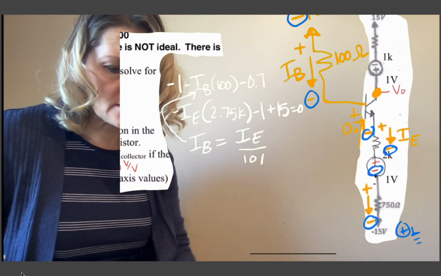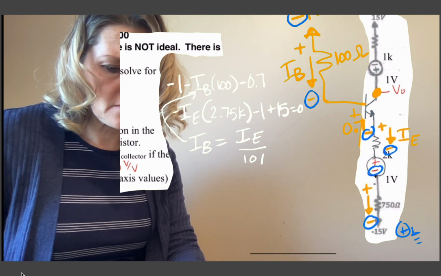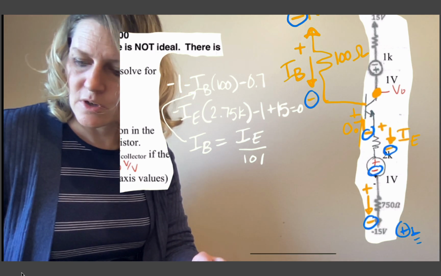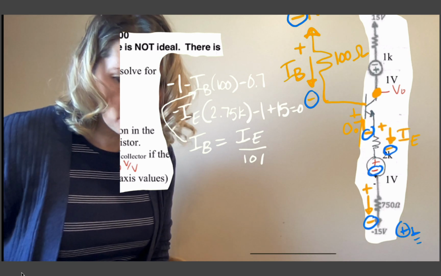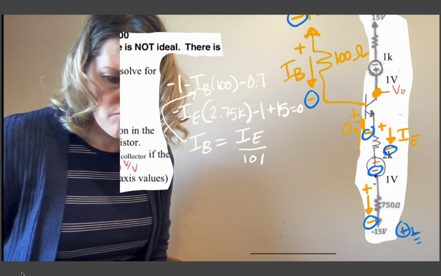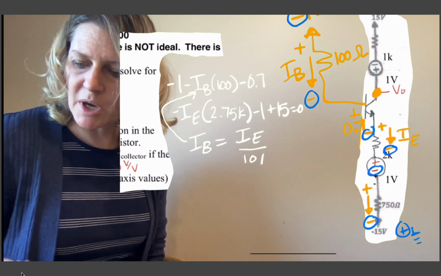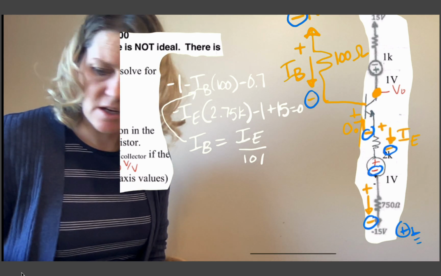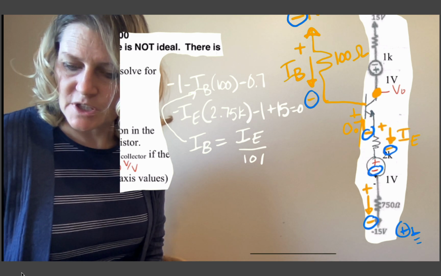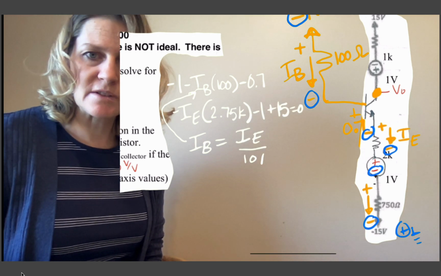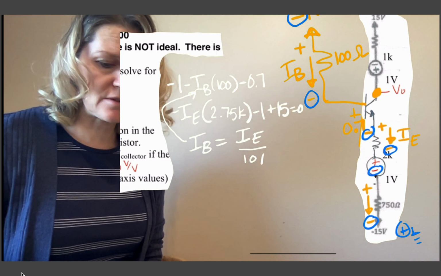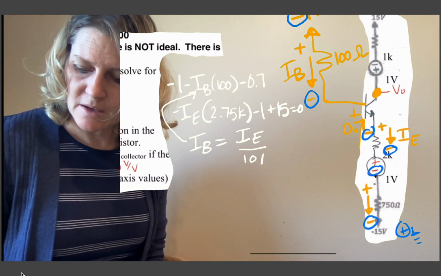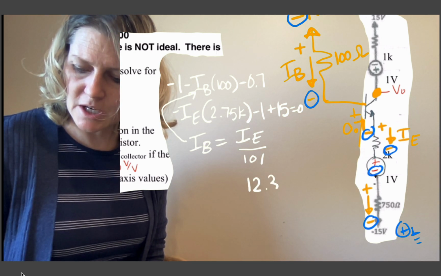And I get, adding up the -1, -1, minus 0.7, and plus 15. 15 minus 2 is 13, minus 0.7 is 12.3. So I get 12.3.